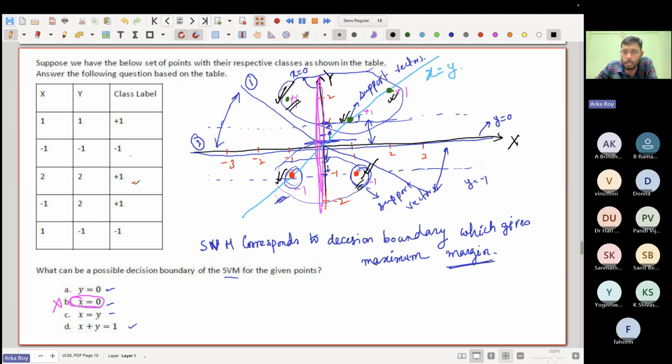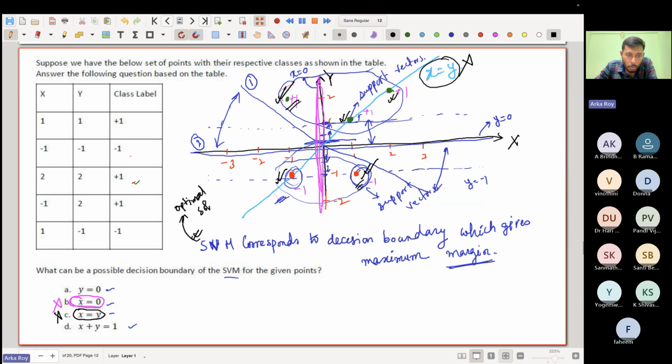So this particular line is also not the optimal solution, because you are not able to classify well. Only 2 samples you are able to classify, and 3 of the samples you are not able to classify. So this is also not the optimal solution, and SVM tries to find the optimal solution.